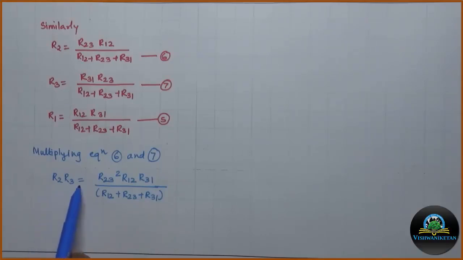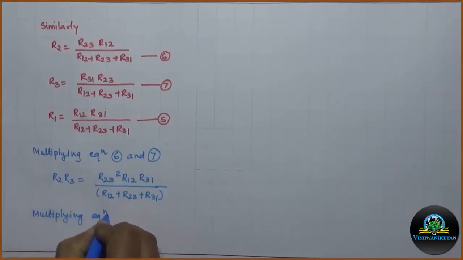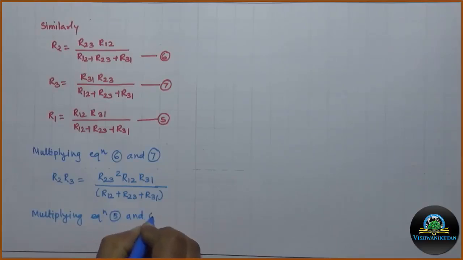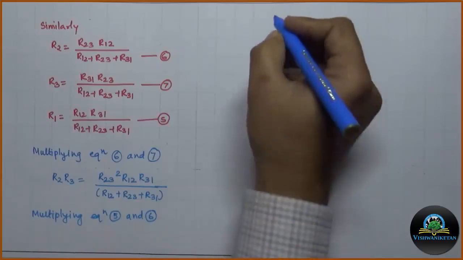R2 into R3 is equal to R23 square into R12 into R31 divided by (R12 plus R23 plus R31).